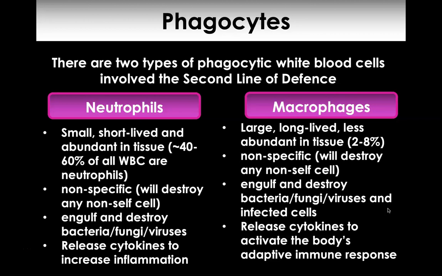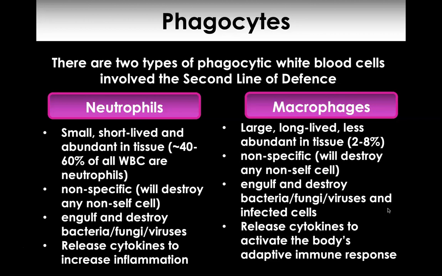We'll talk about inflammation a little bit later, but those chemical signals are called cytokines, and they increase that inflammation around the area. Those cytokines are also communication signals to nearby cells, and they attract all other neutrophils around the area to come and help clean up either the injury or the infection.